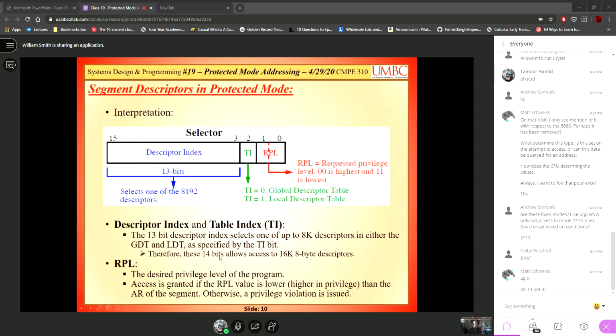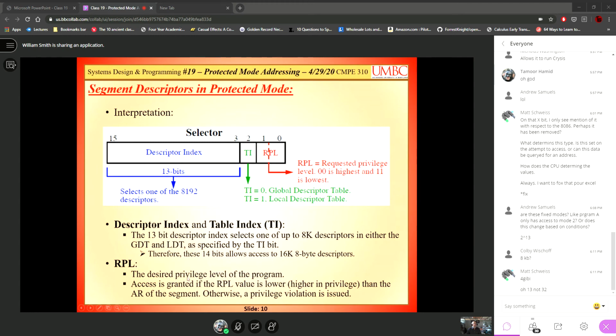Therefore, these 14 bits allow access to up to 16K 8-byte descriptors.